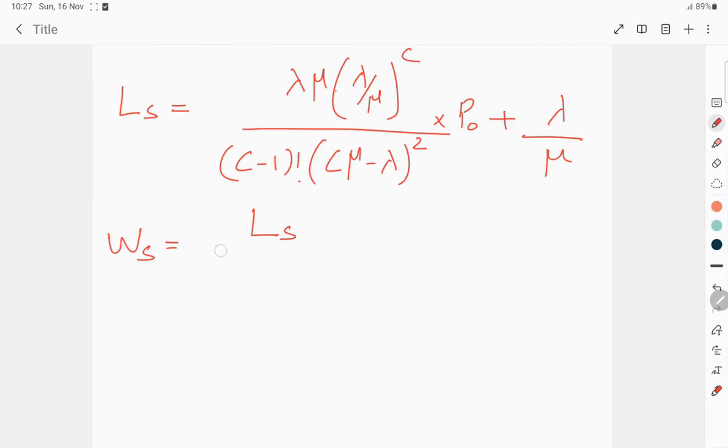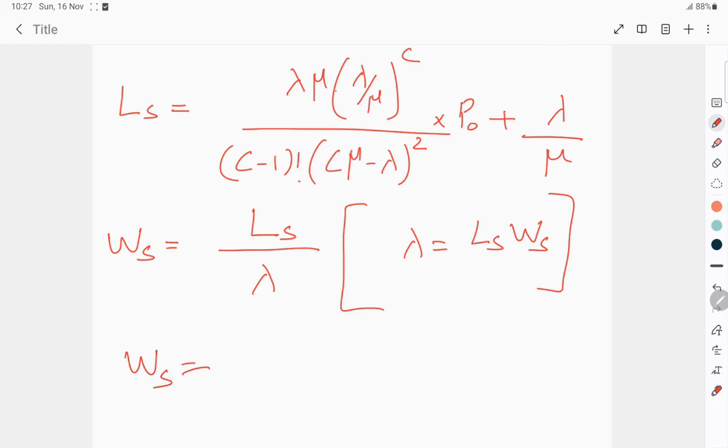WS is equal to LS divided by lambda, because we know that LS is equal to lambda into WS as per Little's law. So from here the lambda has to be removed.